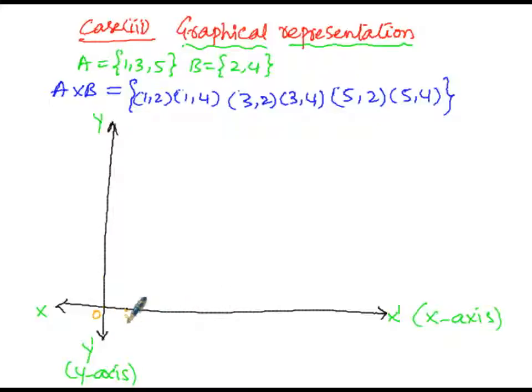So here readings are 1, 2, 3, 4, 5, 6, 7 and 8 on the x axis, and similarly on the y axis it is 1, 2, 3, 4, 5, 6 and 7.